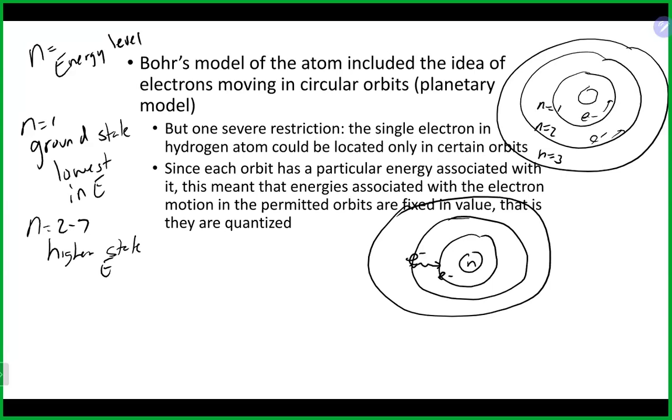Once again, this is the idea of quantized energy. It wouldn't find itself in between orbits, just hanging out. It will either lose or gain enough energy to fully make that transition. Same thing if we had an electron down here. If it gained energy, it would gain enough energy to fully make it to that orbit, for example.